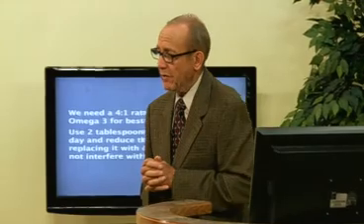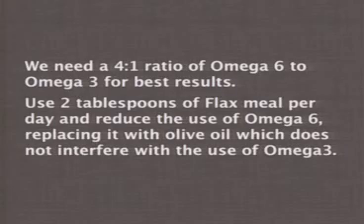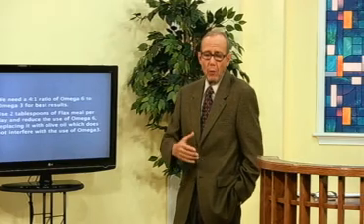Now, the interesting thing is that we need a relationship of 4:1 for the oils that we take in, which means we should get 4 parts of omega-6 and 1 part of omega-3. This is very important, because omega-3 is used for a lot of other things that our body will produce.